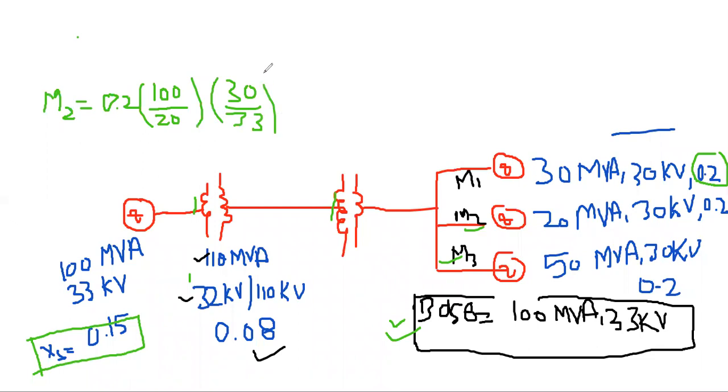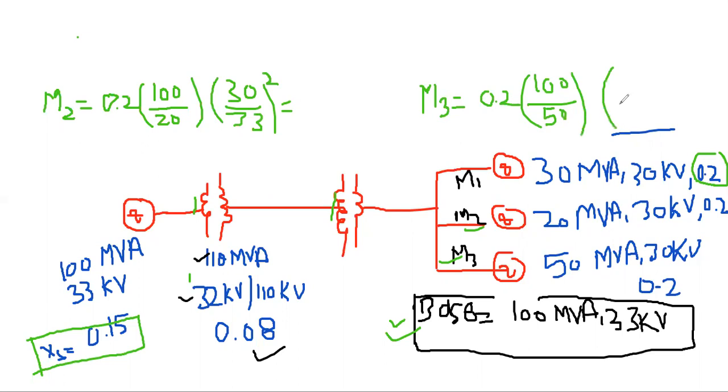The whole square. That we will calculate for motor 2. And for motor 3, without wasting time, I will simultaneously write old per unit 0.2 and MVA new is 100. MVA old is 50.